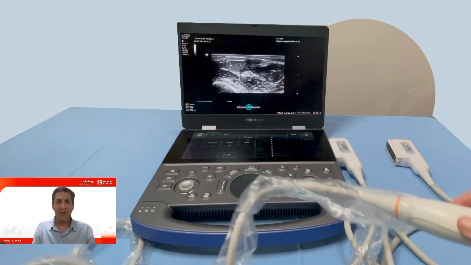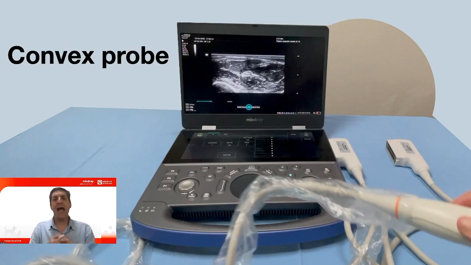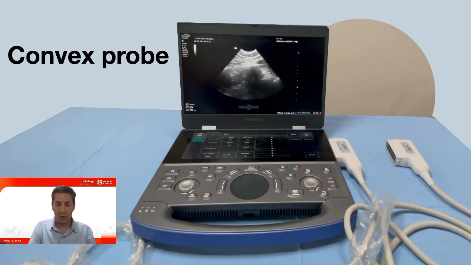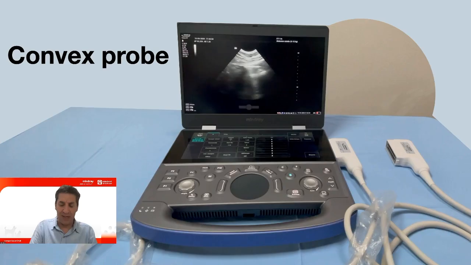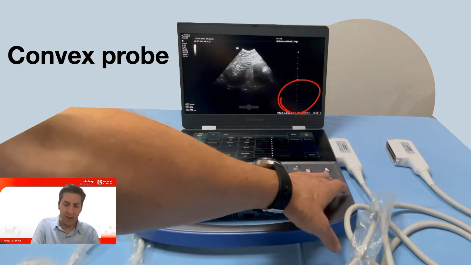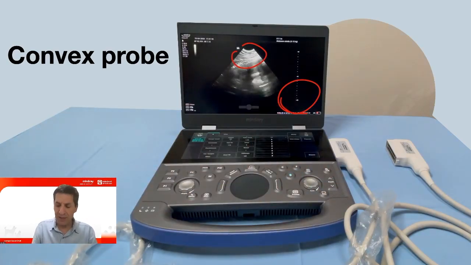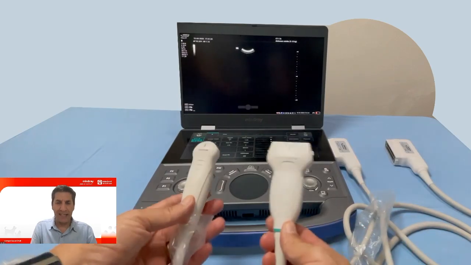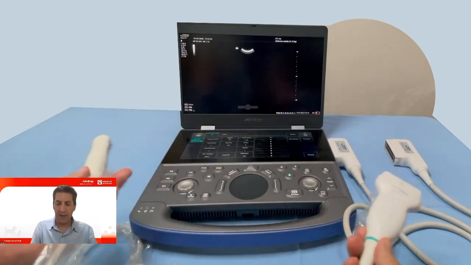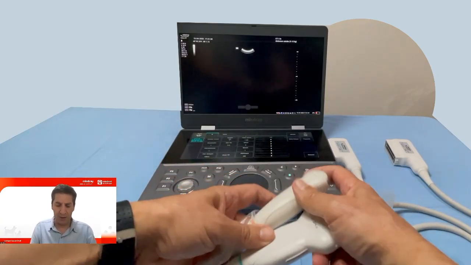In such cases, the convex probe can be a good option. Remember that the convex probes give vision at depth. But for the blocks, for sure, we will use this part of the image. So, different probes. Ideally, we have to be able to use both, depending on the block and the animal we need to treat.